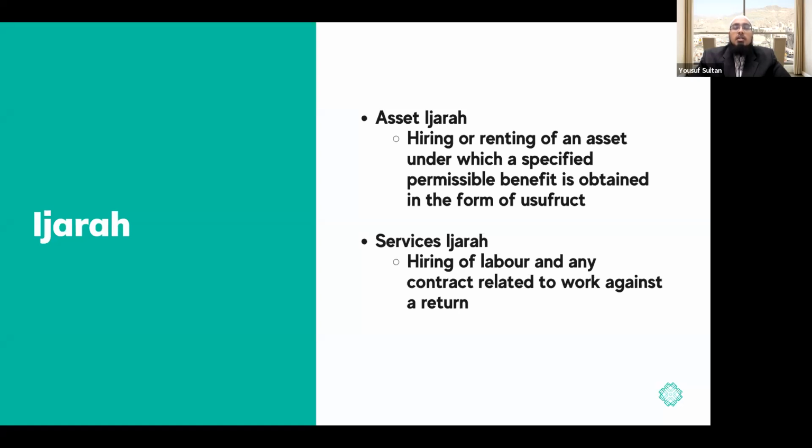Because the sold item here is basically a usufruct of the person. Let's say I'm employed under a certain company. What I'm actually doing with the company is basically selling my intellect, my time, my usufruct, my own labor. In exchange of that, I'm getting a certain salary or certain fees.